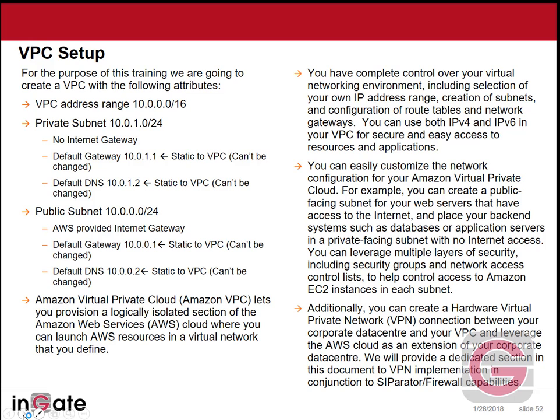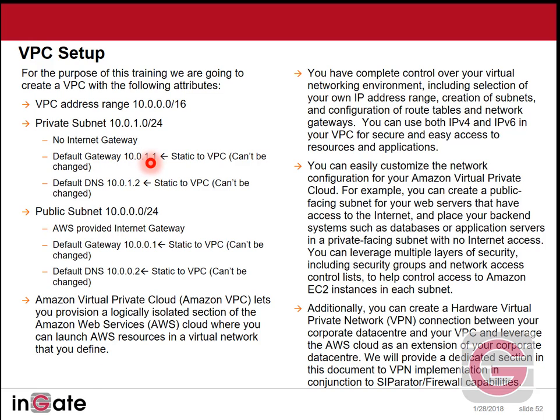We're going to call one a private subnet, and the other one is going to be the public subnet. The private subnet is not going to have an internet gateway. We're going to show you how.